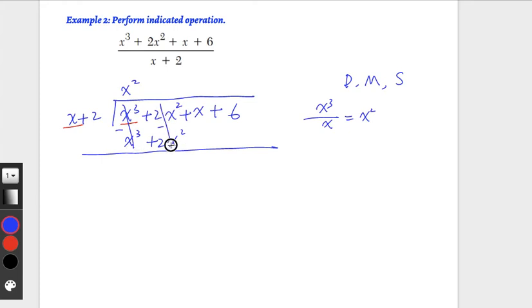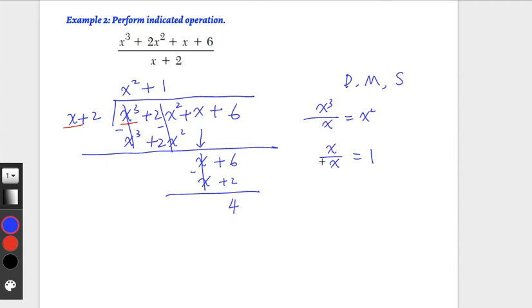Cancel, and it happened, cancel 2. So I just move down x and plus 6. So again, you still have x here, so this is not higher than this. x divided by x is going to be 1, so I'm going to put 1 here. 1 times x, x, 1 times 2, 2, and subtract. x minus x, cancel. 6 minus 2, 4. This is our remainder.